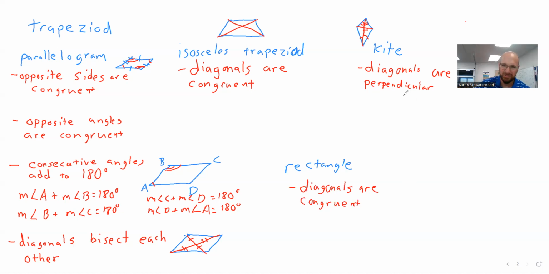Now, with a rhombus, the diagonals are not congruent. But a rhombus is a kite, so the diagonals are perpendicular. And I can be a little bit more specific than the one diagonal bisects the angle. Both diagonals bisect their angles.